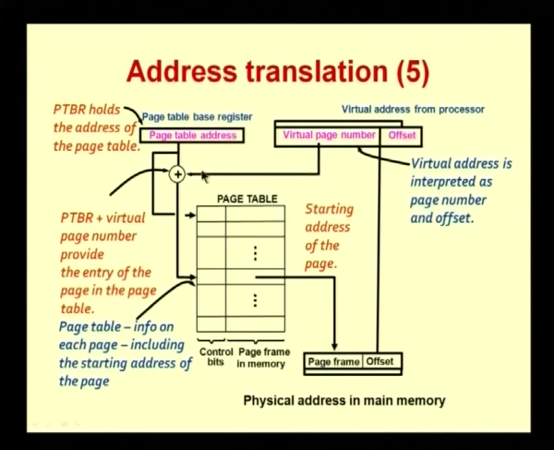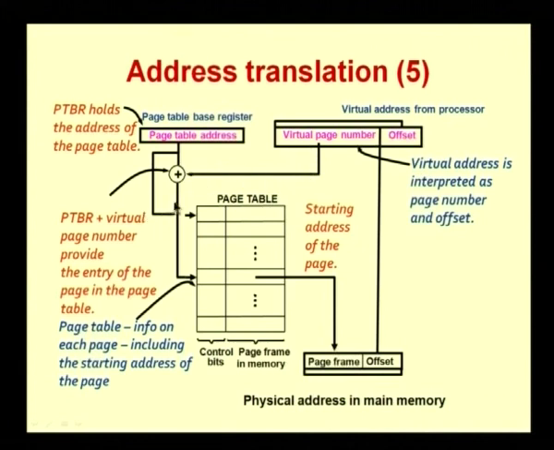So you take this virtual page number and take the page table address which is available in the page table base register. This page table base register is pointing to the beginning of the page table. You have a page table where you have the physical addresses stored. This page table address comes from the page table base register. To that value you add this virtual page number.